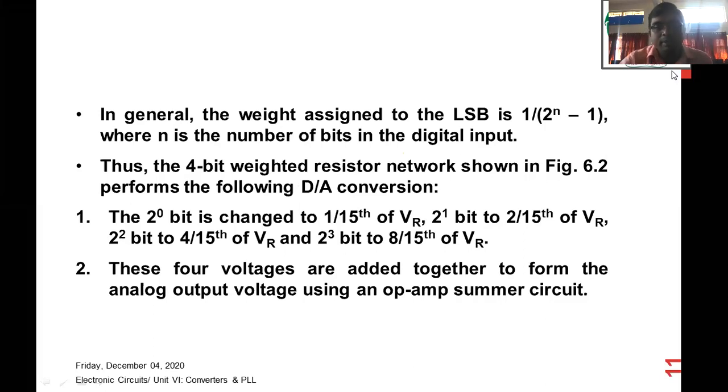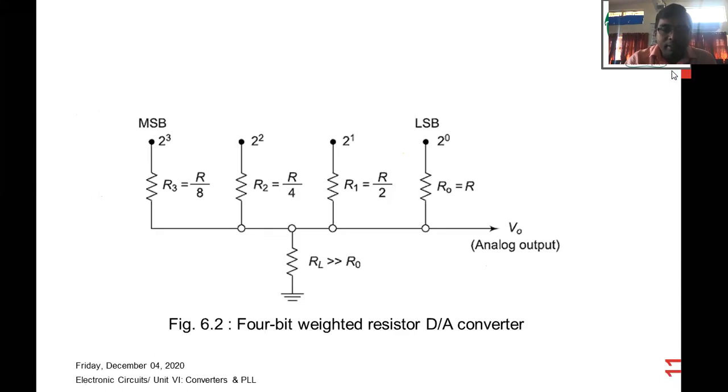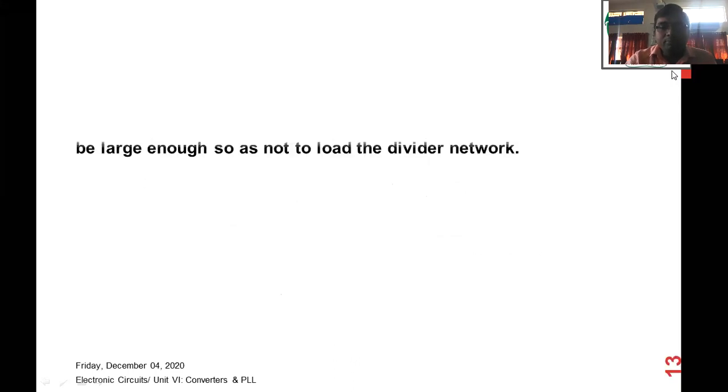This is the first information that we take from this arrangement. Second, these 4 voltages are added together to form the analog output voltage using the op-amp summer circuit. So the arrangement is similar to an op-amp adder circuit or summer circuit. Okay. So we have to see this.